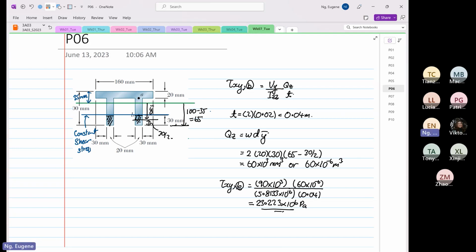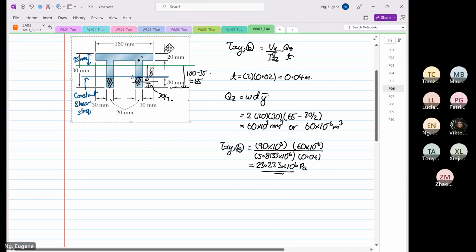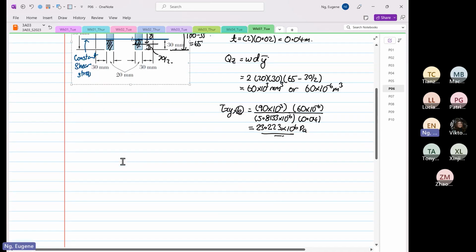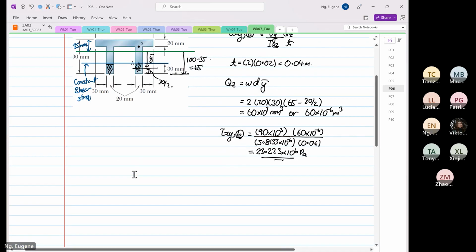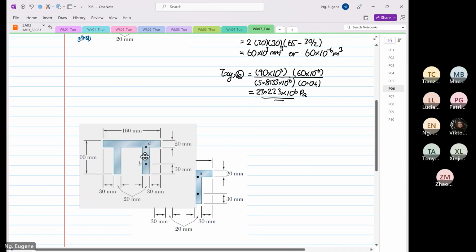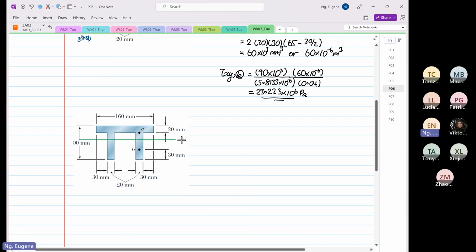Now I'm going to do one more position before we derive the equation for the distributed. Again, this is a centroid.